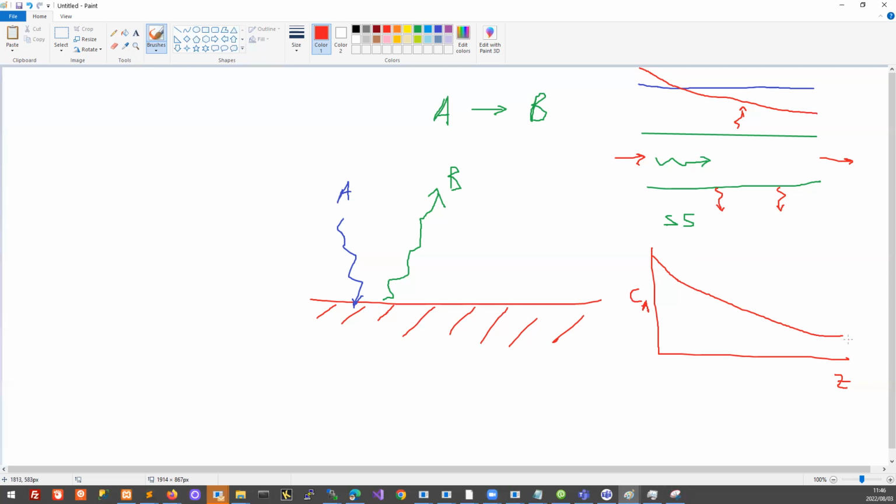So it's not uniform. At the same time, for this to be steady, it also means that the molar flux has to be steady. So by that, we mean the molar flux has to be constant, right? So by that, we mean that whatever Z position you look at, the molar flux of A is the same.